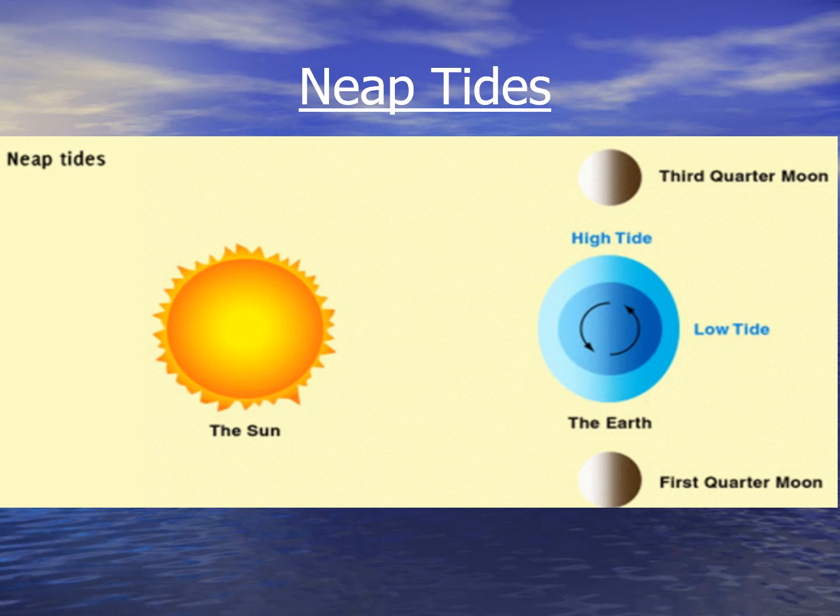So it gets to pull up to the high tide, but again, because it's not working with the sun, it can't pull it up super high because while it's trying to pull up and down, the sun is trying to pull back and forth. So we get a low tidal range. You can see it doesn't look really different around it.